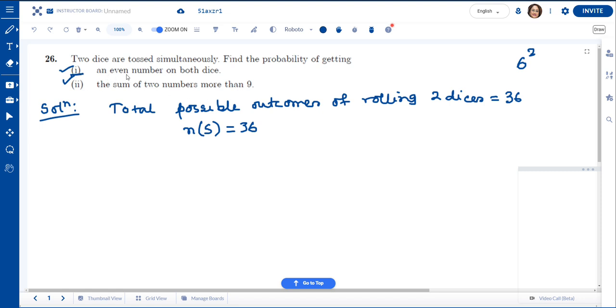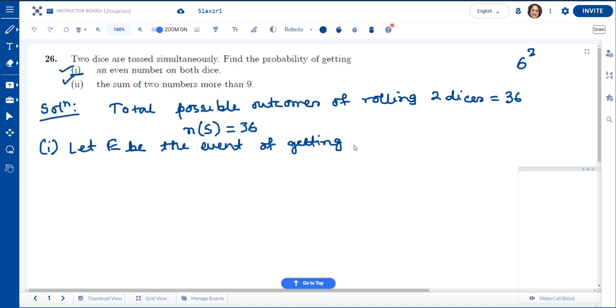Now let us take a look at the first question. They are asking for an even number on both the dice. What is the probability of that? First we have to identify which outcomes will give an even number on both dice. So for part 1 we write, let E be the event of getting an even number on both dice.